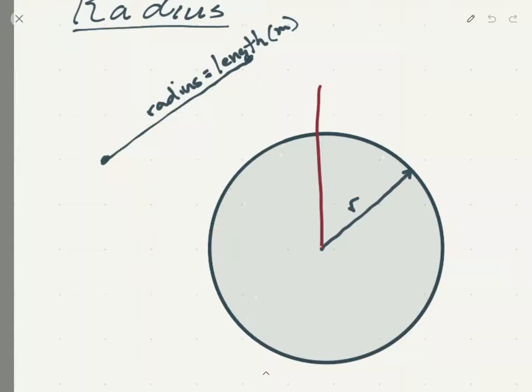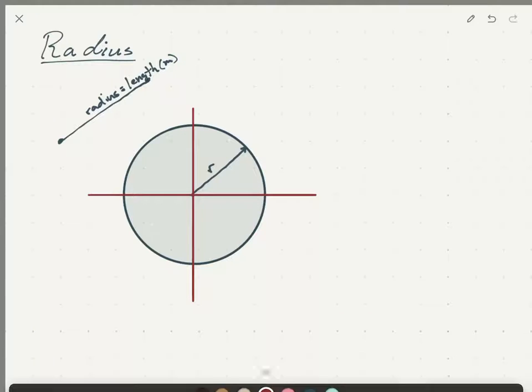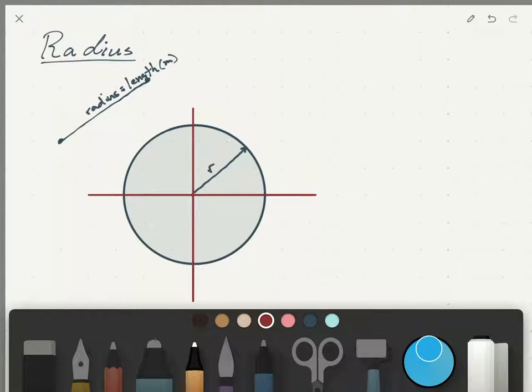Let me see if I can draw some straight lines in here. Maybe I'll make this a little bit smaller. All right, let's call the red lines our coordinate system. Let's call this the X, and let's call this the Y. So we know that the Y is going to represent the vertical, and the X is going to represent the horizontal.